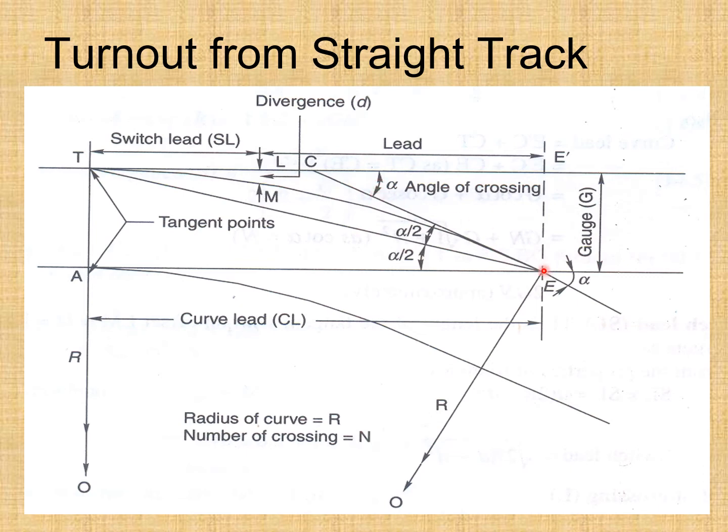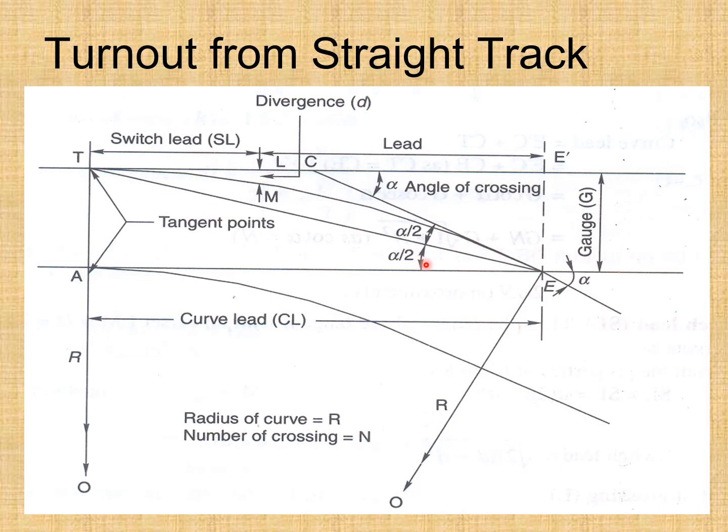So from this point E, this angle is also alpha. If you just bisect this angle and take alpha by 2 over here and alpha by 2 over here and draw this line, you get this point T. So you will have to locate this point T in this fashion, that this angle is alpha by 2 and this angle is also alpha by 2.